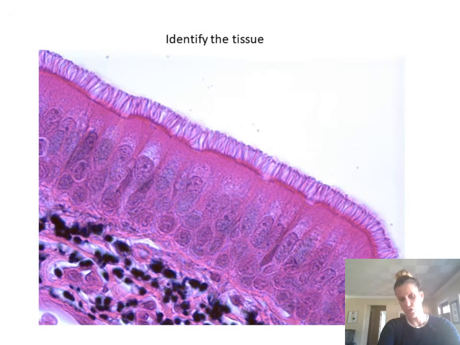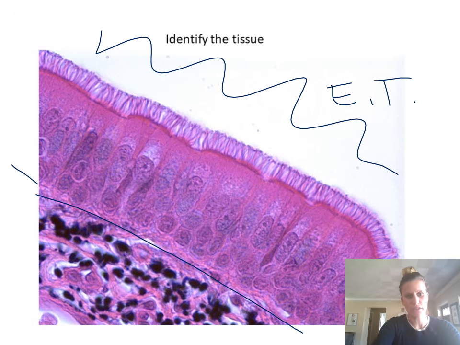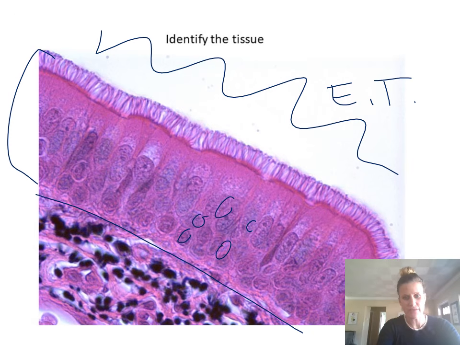Identify this tissue. You've got all this open space, so it must be an epithelial tissue, right? It stops here, so it's this top layer. Now this looks stratified, right? Notice how the nuclei are all at different levels, but it's actually not.